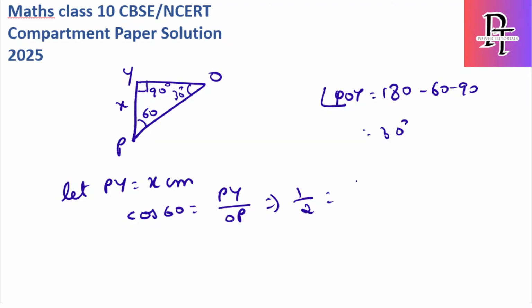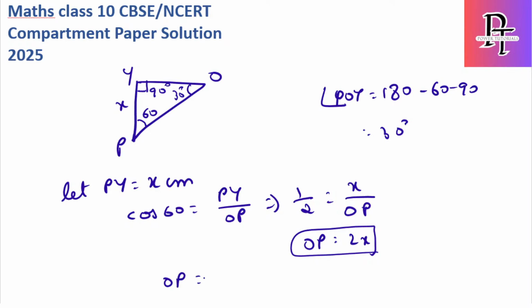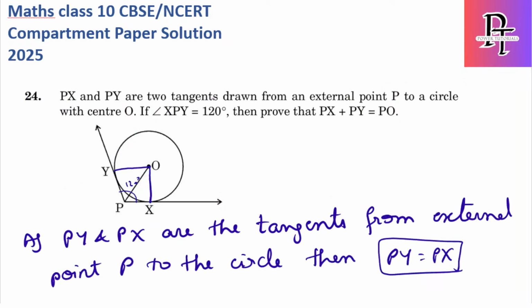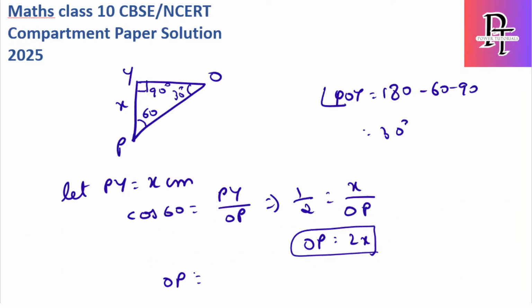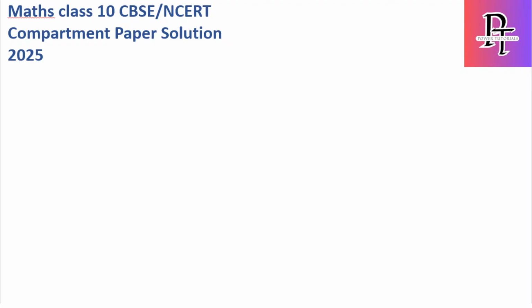PY is x, and this is OP, so OP I will get as 2x. So simply OP is nothing but x plus x. So x is nothing but PY and PX, both are the same. So I can simply write PX plus PY is equal to PO. Okay, hope it's clear. Let's move to the next one.